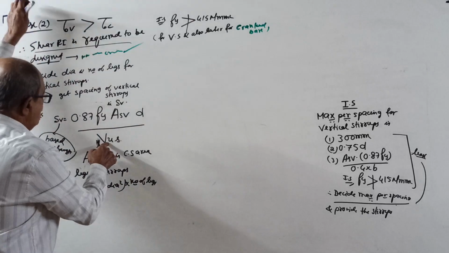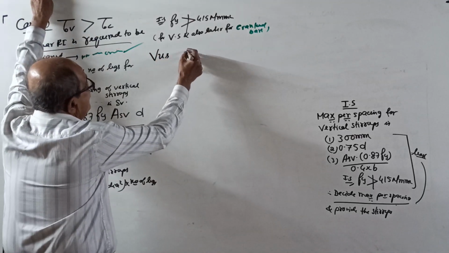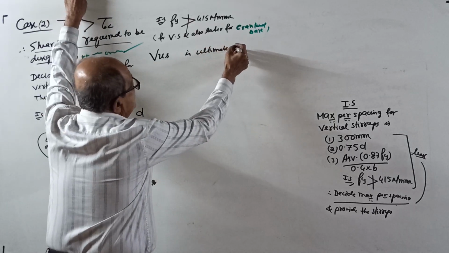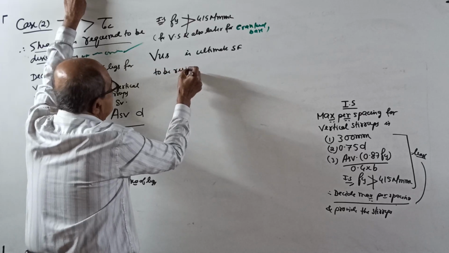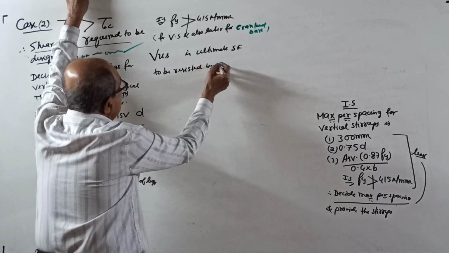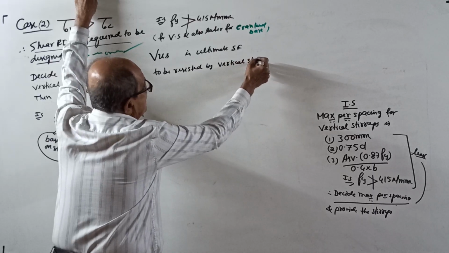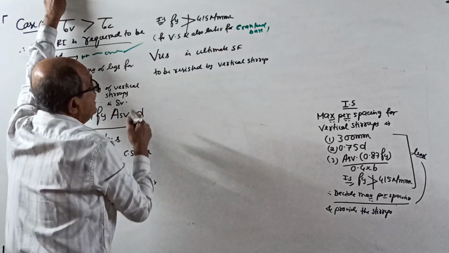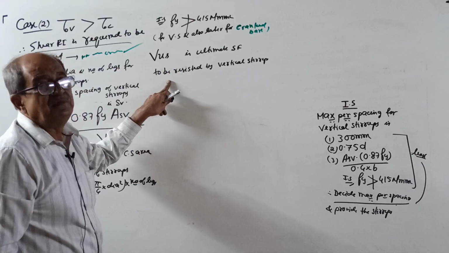Now, VUS is the ultimate or factored ultimate shear force to be resisted by vertical stirrups. Or you can say VUS is the factored shear force to be resisted by vertical stirrups.